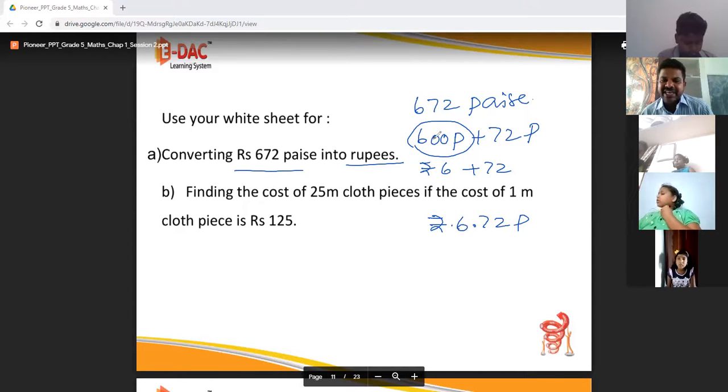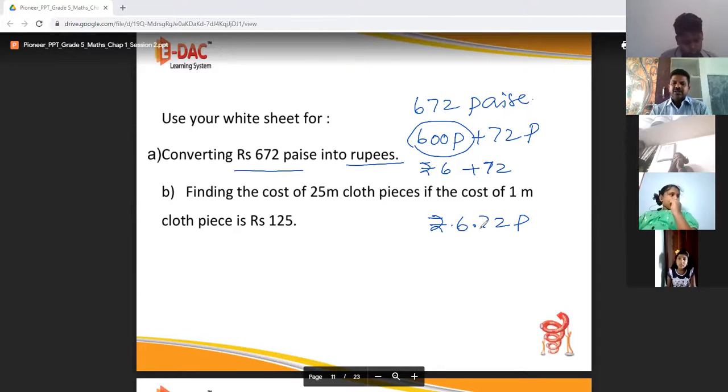How many 100 pies are there? You just pick out the number of hundreds of pies, and if there are any remaining pies, you just write them. 100 pies makes 1 rupee. So you write as many rupees as there are hundreds of pies and add the excess pies.